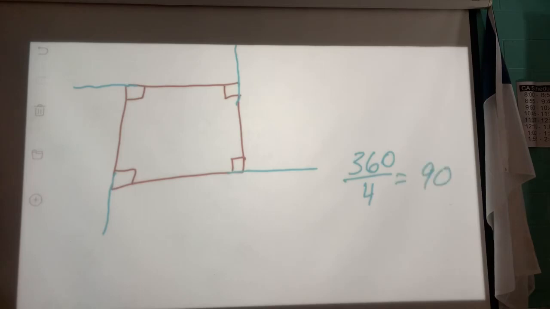In this particular case, because of a square, your interior is 90, but your exterior angles are also going to be 90 degrees. And so if you take 90 4 times, that's again how you get to 360. But that's going to work no matter what shape you have.